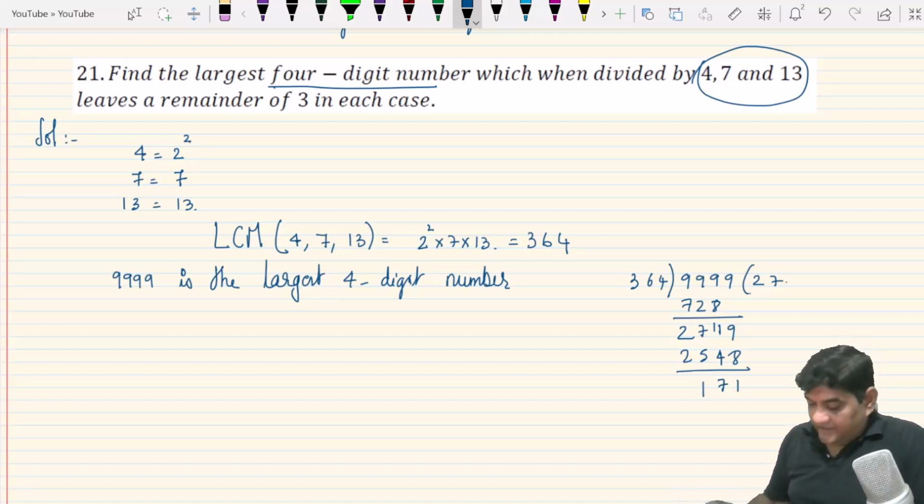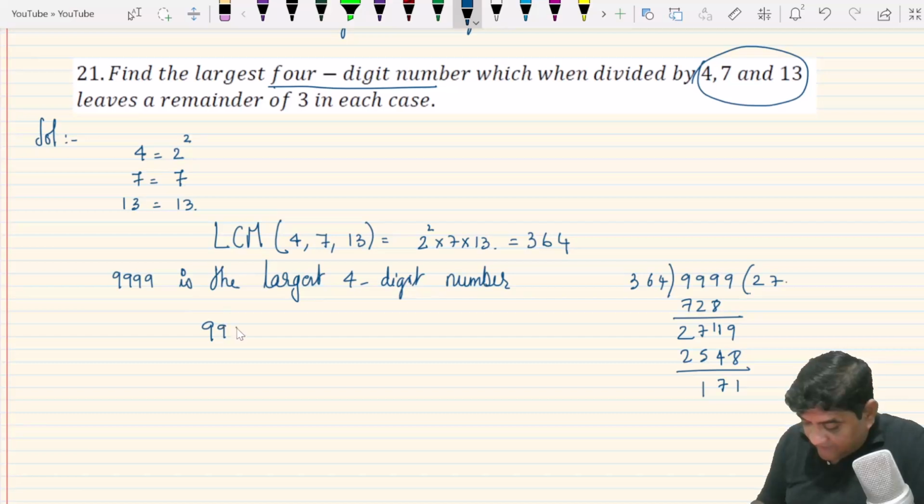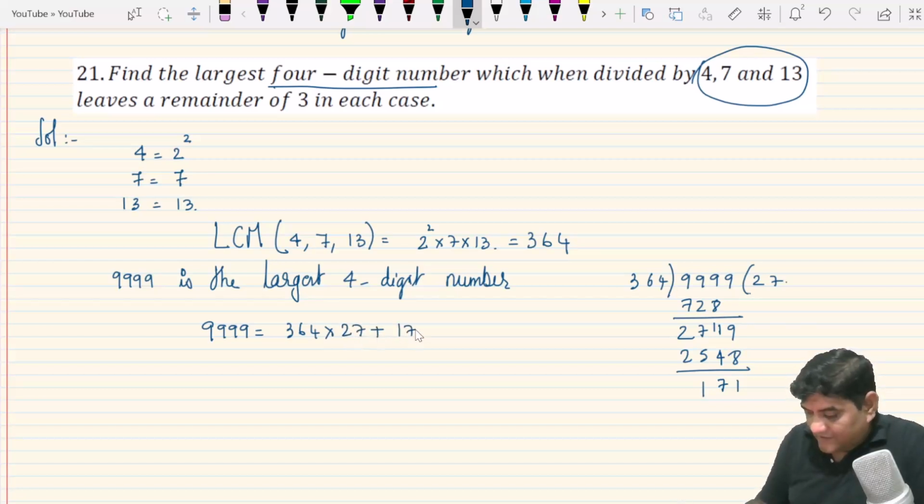So I can write 9,999 as equal to 364 into 27 plus 171.